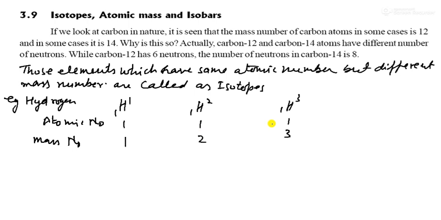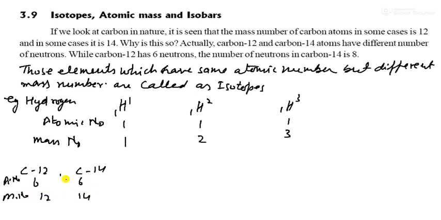In case of carbon 12 and carbon 14, you can say carbon 12 has atomic number 6 and 6, and the mass number is 12 and 14.